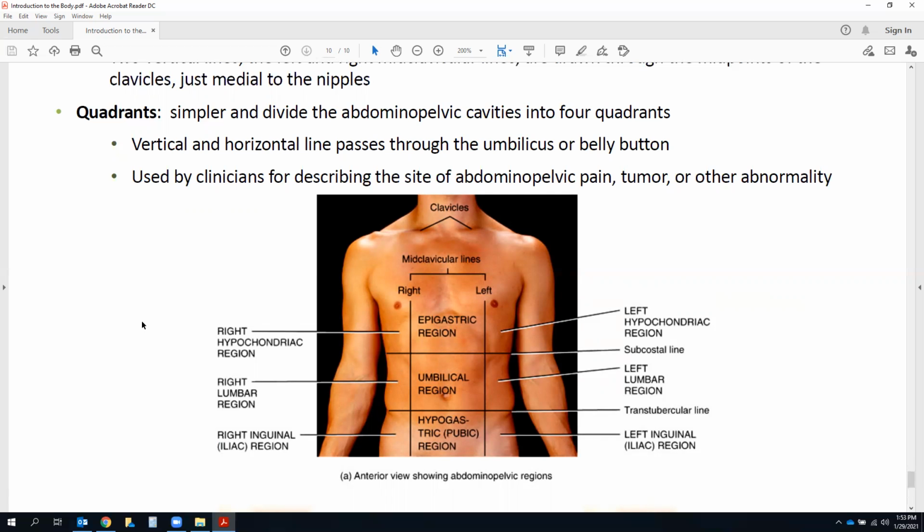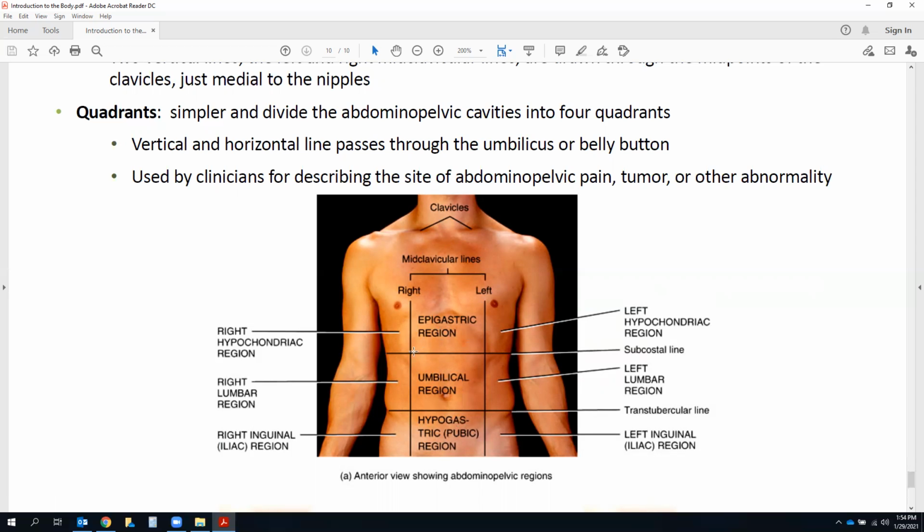So as far as the exam goes, you're going to have to know these names, but you're really only learning 6 and then keeping your right and left straight. As far as knowing the lines, the midclavicular lines, the subcostal, transtubercular, I don't care about you knowing those. Just the names of the regions that are already all capitalized.